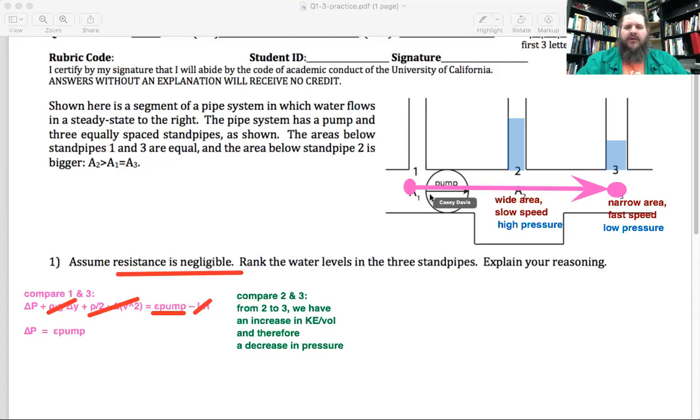It's pushing in a direction that causes high pressure in the zone it's pushing on. So the pump is causing a low pressure zone on the left side and a higher pressure zone on the right side. So from 1 to 3, going through the pump in the correct direction, the pump is causing an increase in energy density. So E pump should be treated as a positive term, therefore delta pressure is positive. So 3 has higher pressure than 1.